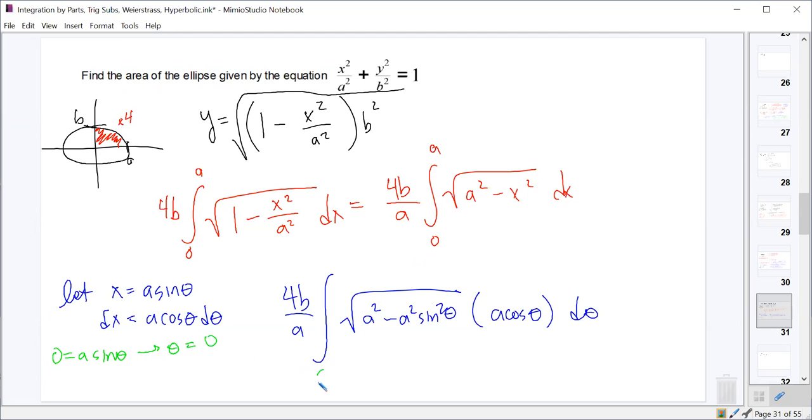Okay. And if we have a equals a sine theta, then what should theta be? Sine theta equals 1, theta ought to be pi over 2. Everybody good there?